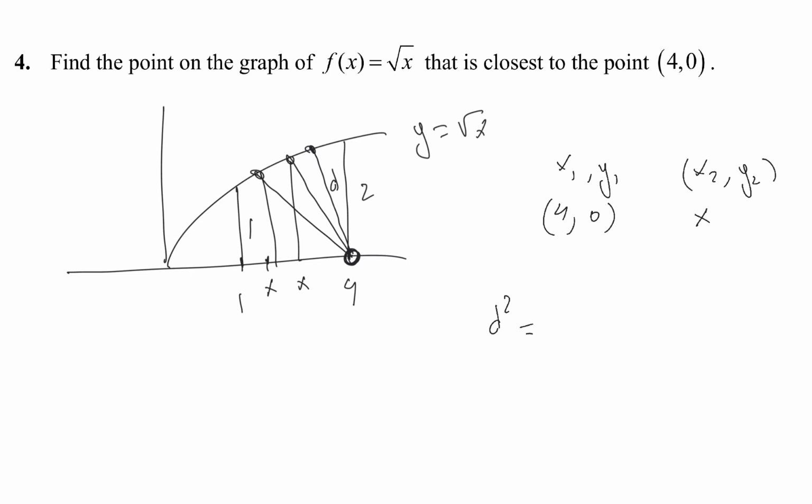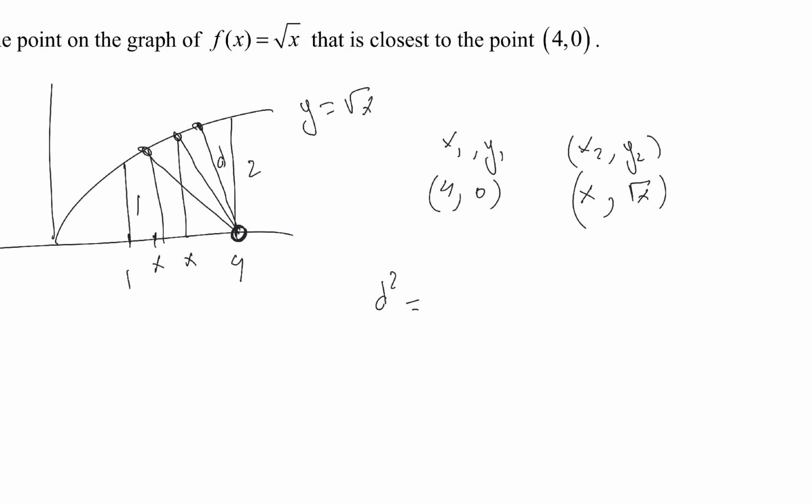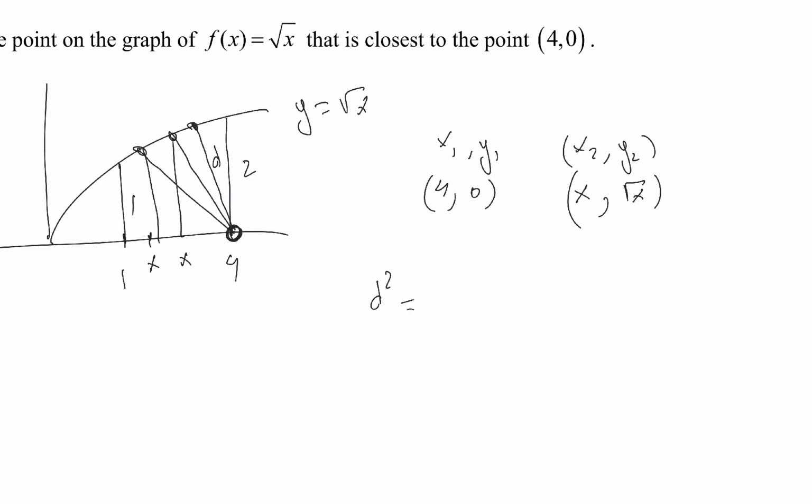I don't know which one is the x. And the y is the square root of x. And the distance squared that separates 2 points is the Pythagoras theorem. It is (x minus 4) squared plus (square root of x minus 0) squared. So the distance squared is (x minus 4) squared plus the square root of x squared.